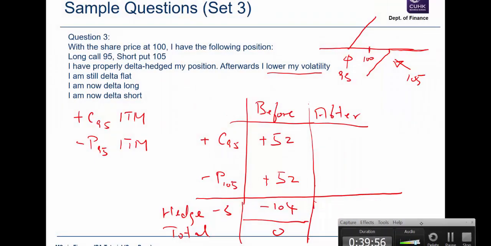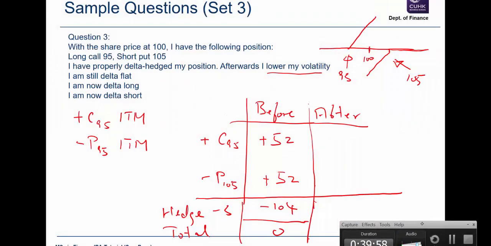The way you would tackle that is, for the call, the delta would actually increase, and for the put, the delta would increase as well. Now maybe you're wondering, why is that?